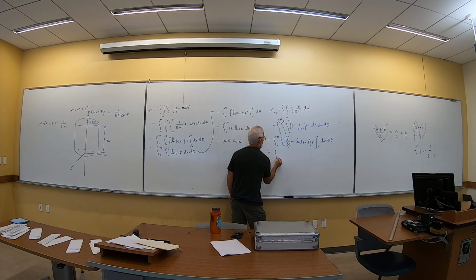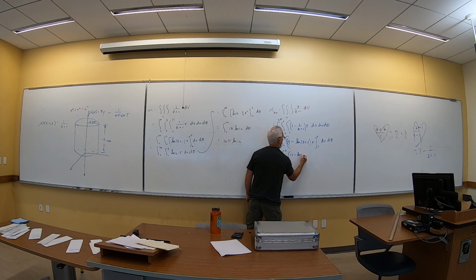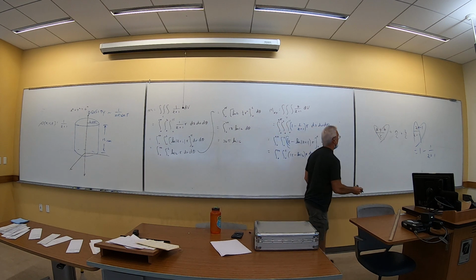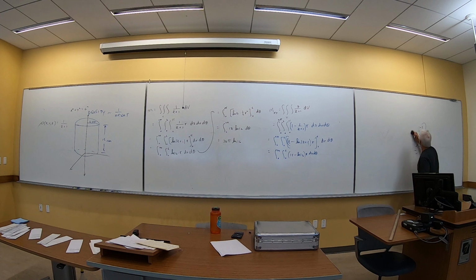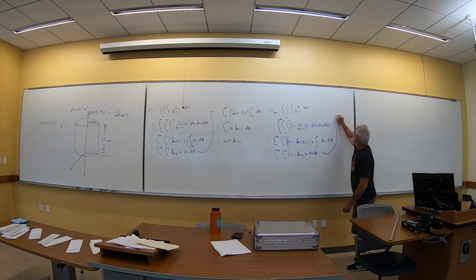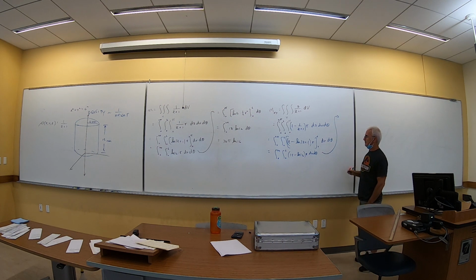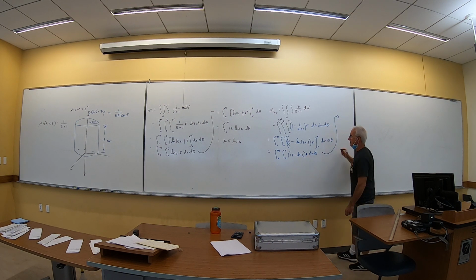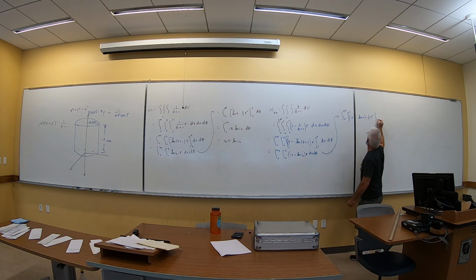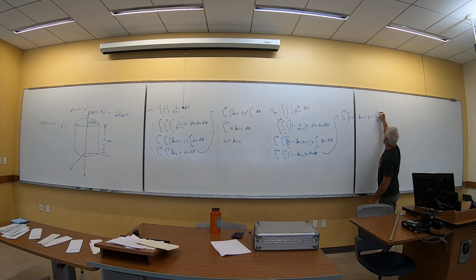Beautiful. Now at this point, constant times r, that's not an issue. So how about 15 minus log 16 times 1/2 r squared, where r is from 0 to 6.